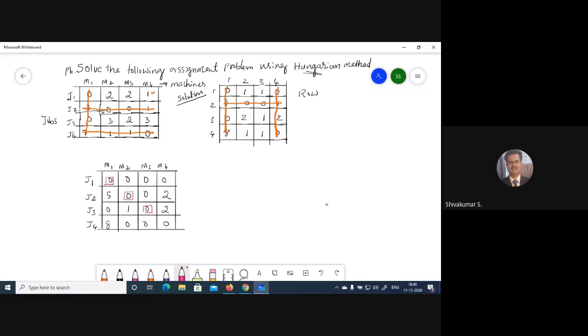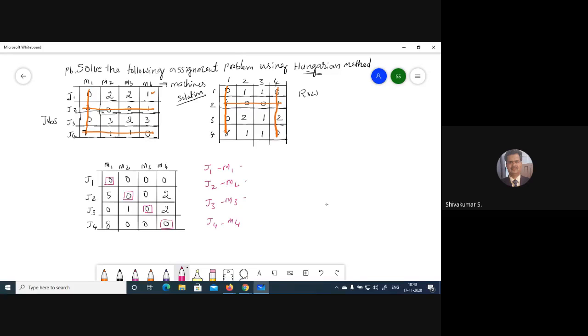And the 4 I'm going to do here. Now let us say J1, M1, J2, M2, J3, M3. Because you have single zeros, we have done assignment randomly, only for zeros.